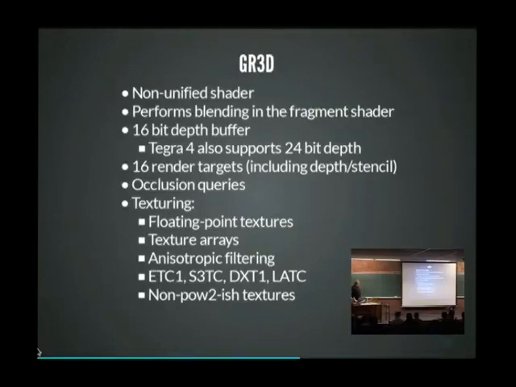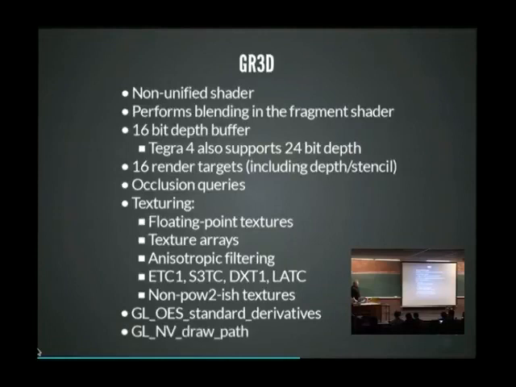There's a separate extension for that one. Then the standard derivatives, and a quite interesting, I think, draw path extension, which is for drawing 2D graphics, Bezier curves and things like that. I haven't really dug into that, but it's an interesting feature. So it might be that this feature is software only from the driver.